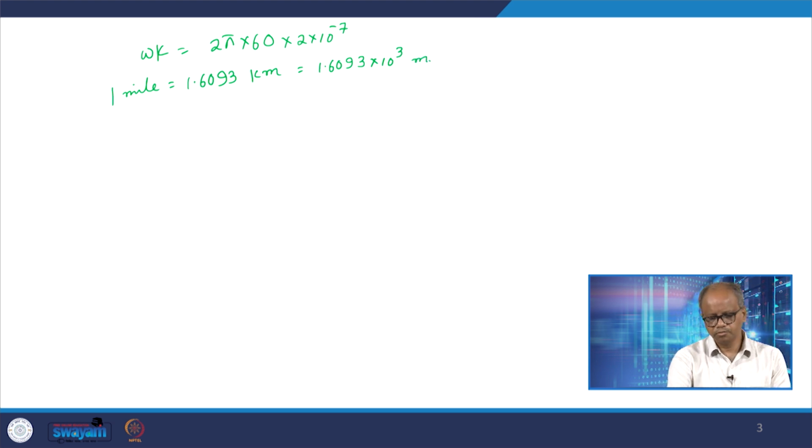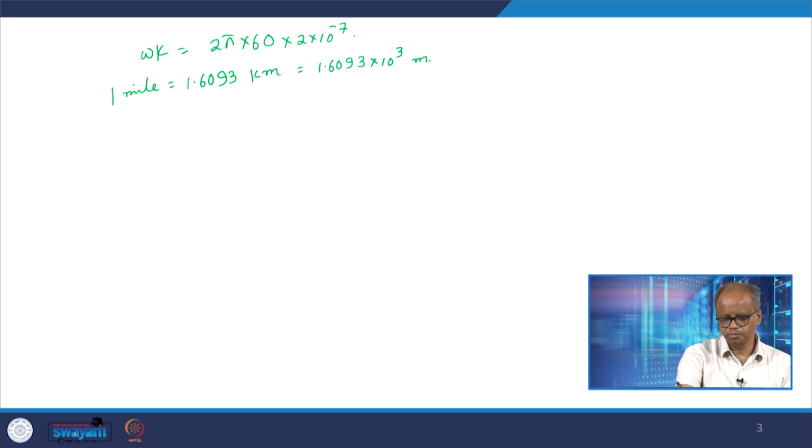Because the unit of k is 2 into 10 to the power minus 7 Henry per meter, we have to express everything for 1 mile in terms of meter.